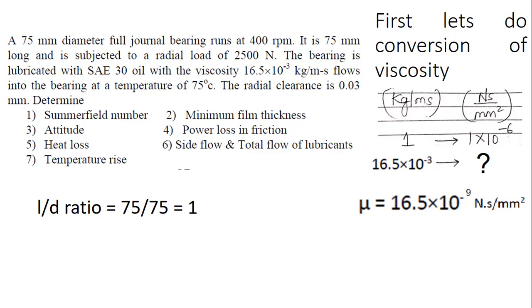You'll have to convert the units of absolute viscosity from kilogram per meter second to Newton second per mm square. Otherwise, you will not get the correct answers, whether it be the Sommerfeld number, minimum oil film thickness, or attitude, everything will go wrong if you're not converting it when using the Raimondi-Boyd method with the Bhandari design data book. Moving ahead.